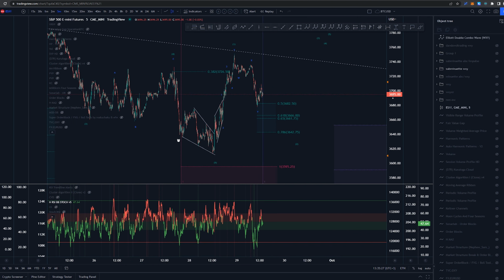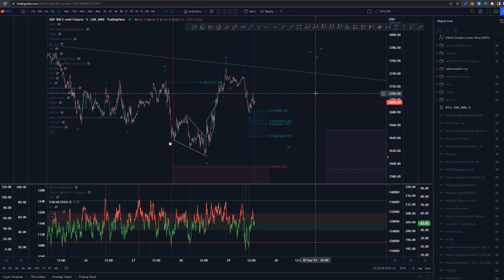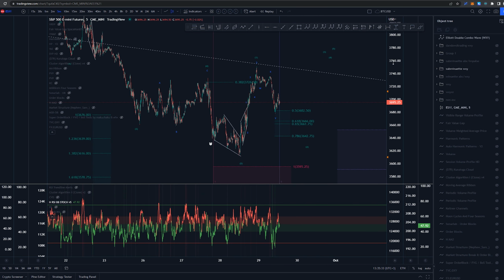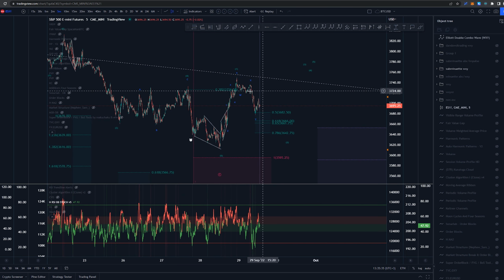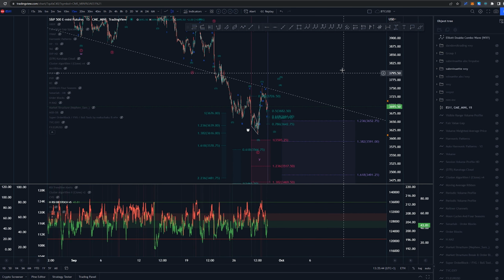Now this does not really fit into the idea that we have with Bitcoin at the moment, so we have to be careful with this and not go all in on here. If we are going to be taking out these lows, then I'm not quite sure how to fit this count in here anymore.